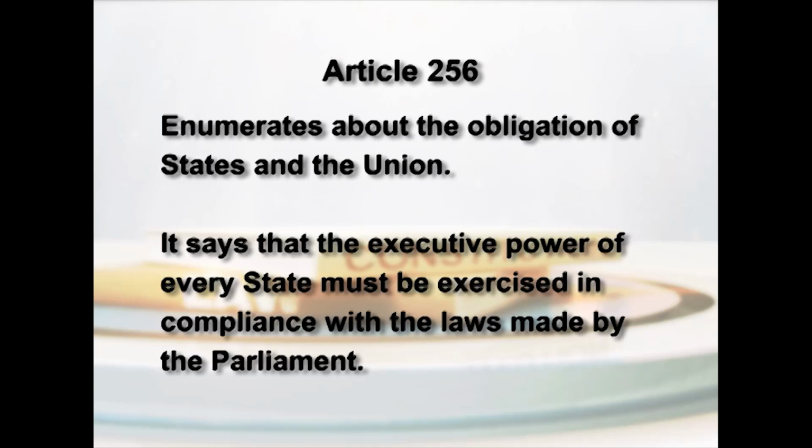It says that the executive power of every state must be exercised in compliance with the laws made by the Parliament. That is, whenever the state executive takes any decision, it must be in compliance with the laws made by the Parliament.